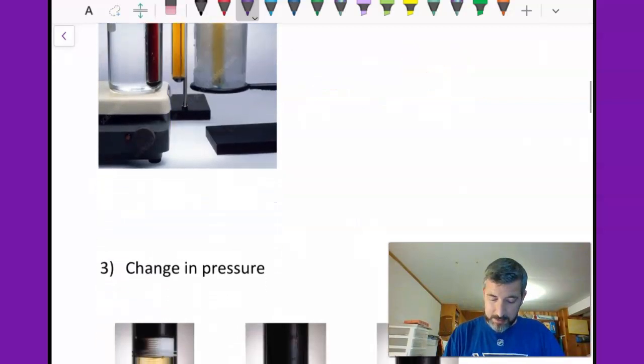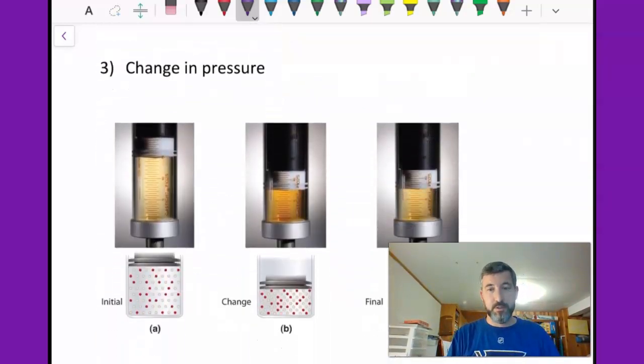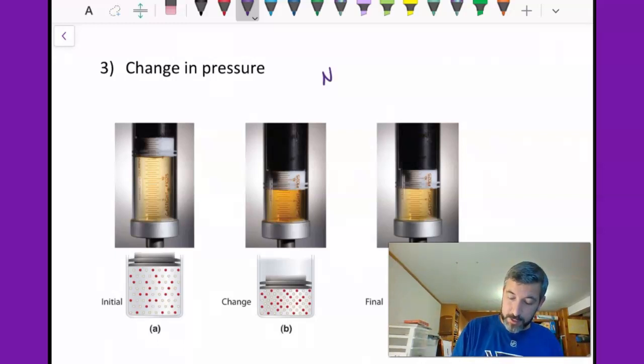Okay, then the last thing we can do here is change the pressure. Now this only works if we have a different number of moles of gases on either side of the equation. So let me rewrite the equation we were just talking about here.